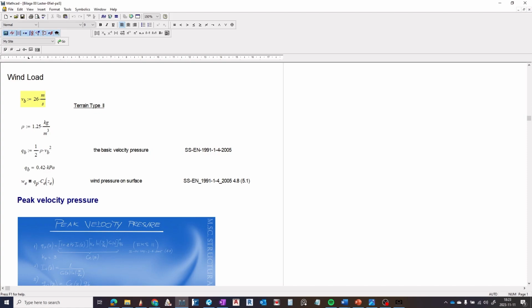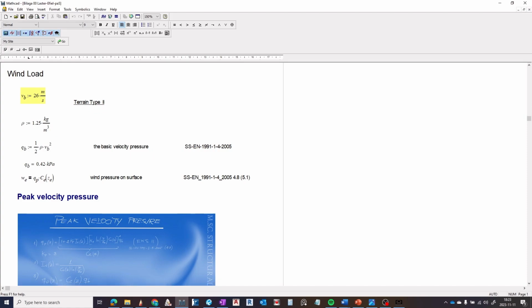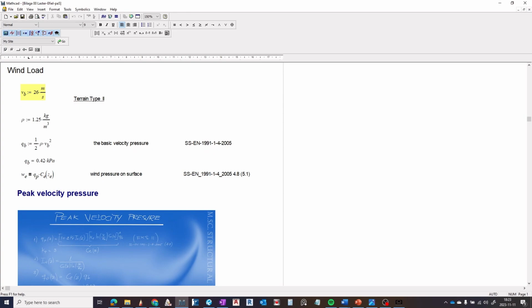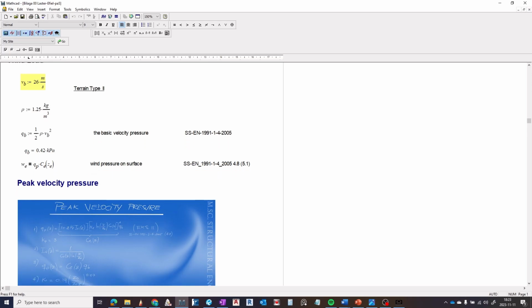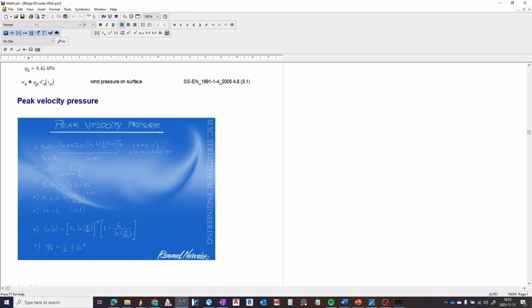The nomenclature for the Eurocode is 1991-1-4, and wind pressure on the surface is calculated with formula 5.1. So I need some kind of expression that I can use several times in different projects. The peak velocity pressure is defined by expression 4.8.